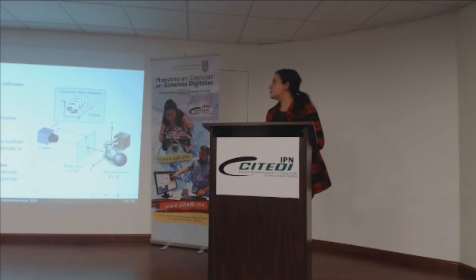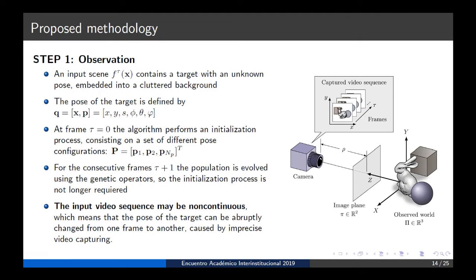In the observation, we represent the pose that we want to estimate as a vector state. In this vector, we have several variables. These six variables are used to estimate the pose. The pose is represented by x, y, the location, scaling s, and three rotation parameters.